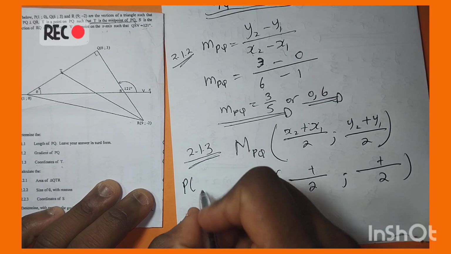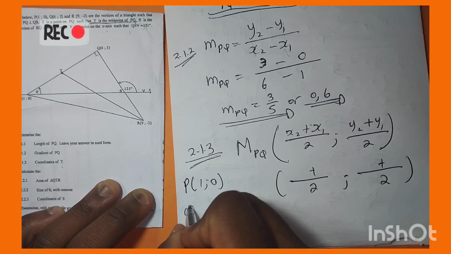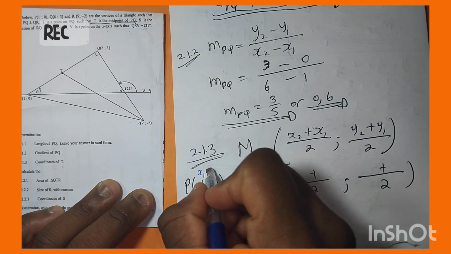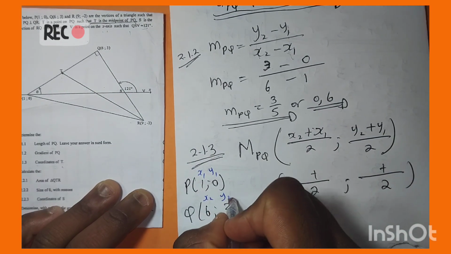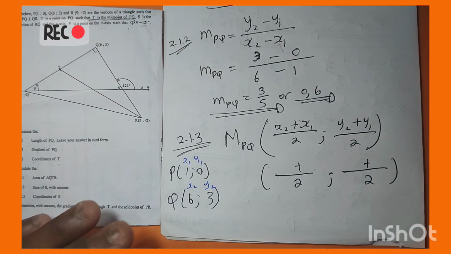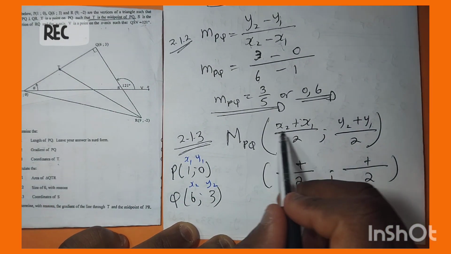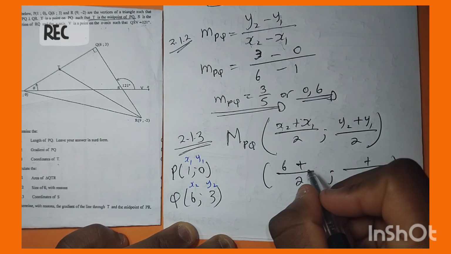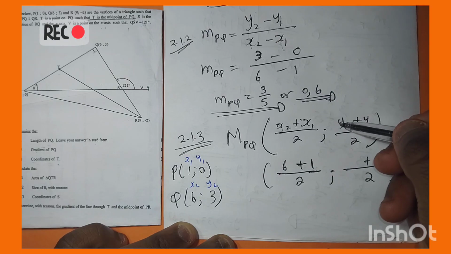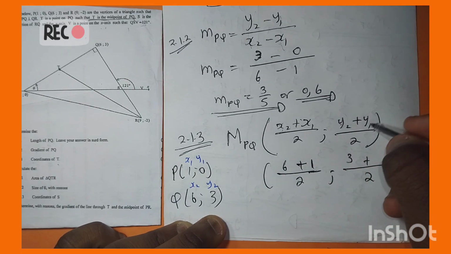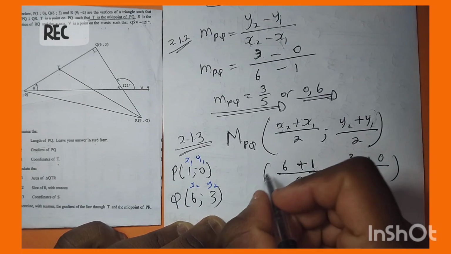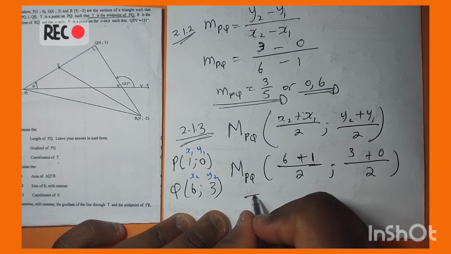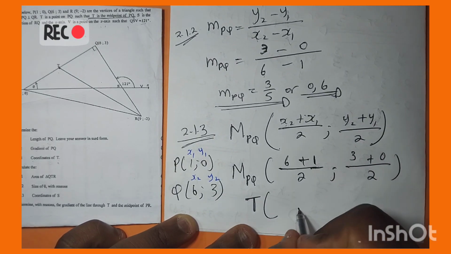For P, we say this one is point 1, and this one is point 2. Where you see x2 you put 6, and where you see x1 you put 1. Where you see y2 you put 3, and where you see y1 you put 0. This is the midpoint of PQ, which is the coordinates of T, by the way.